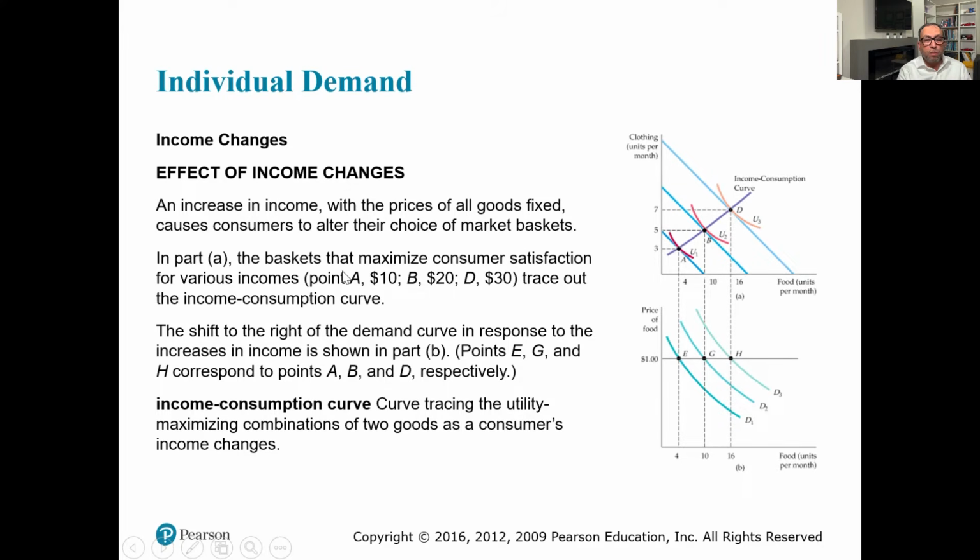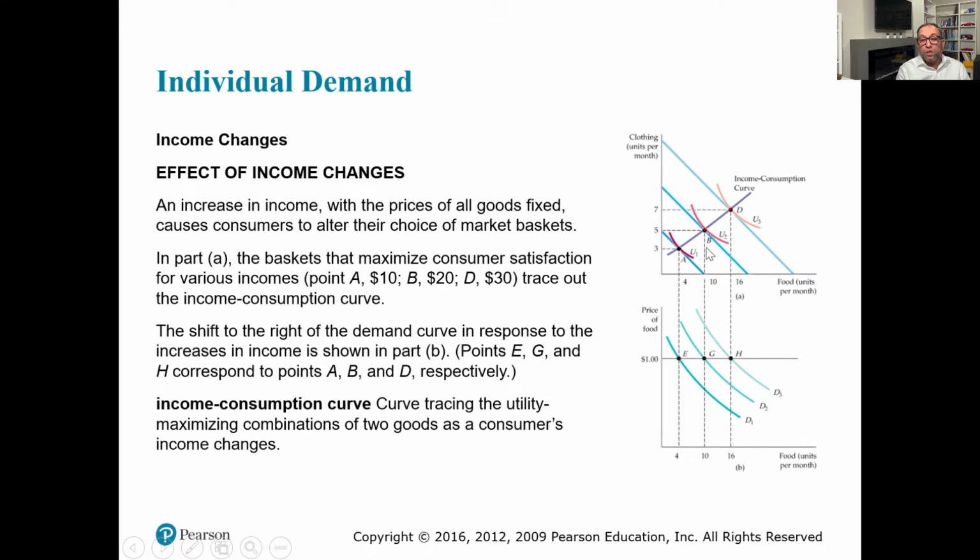In part 1, the baskets that maximize consumer satisfaction for various incomes are points A, B, and D. Point A has an income of only $10, B an income of $20, and D an income of $30. As the income is increasing, we get a different level of satisfaction with the higher indifference curves.